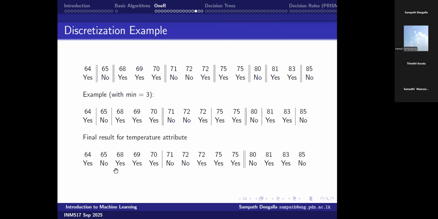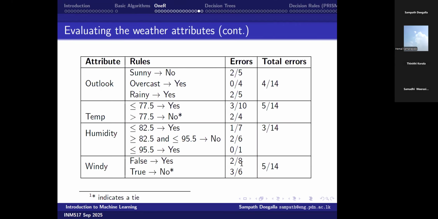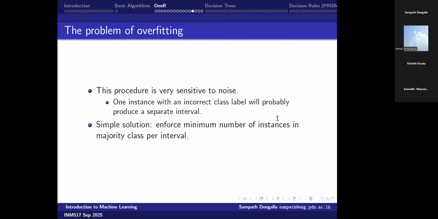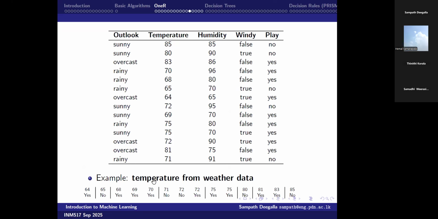And then we have 1, 2, 3 no's, right? So we have 3 out of 10 and 2 out of 4. That is a total of 5 out of 14. Right. Now, can you do the same for the humidity?